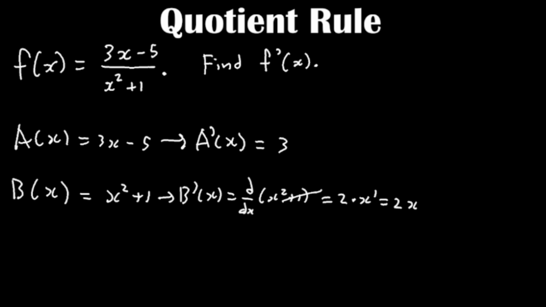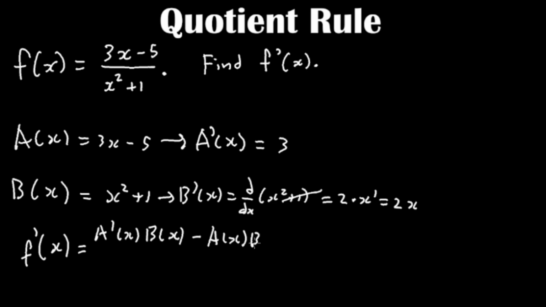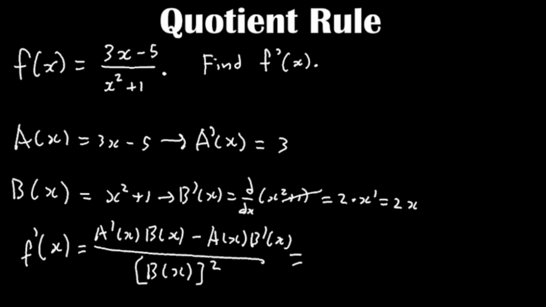So now we can just plug this into our formula. So f prime of x is going to be a prime of x times b of x, minus a of x times b prime of x, over b of x squared. So a prime of x is 3 times b of x, that's going to be 3 times x squared plus 1, minus a of x, which is 3x minus 5, and then b prime of x is going to be 2x.